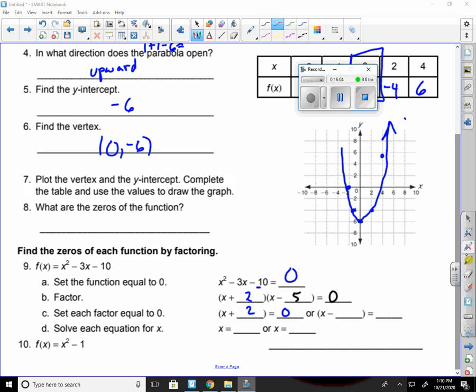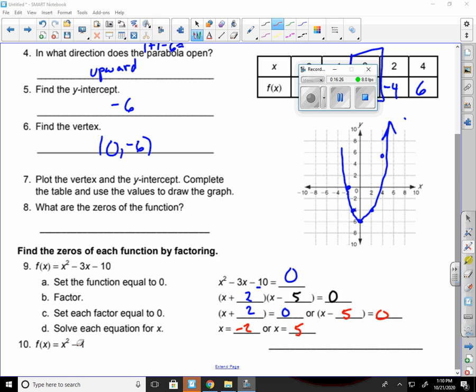So then this would be x minus 5 equals 0. So x would equal negative 2, or x would equal positive 5.